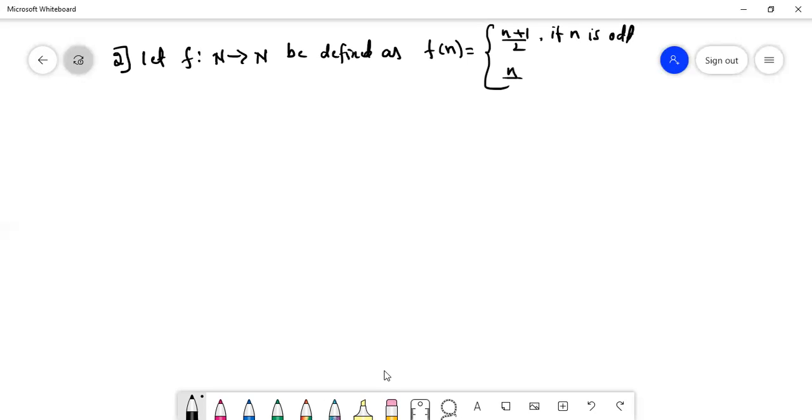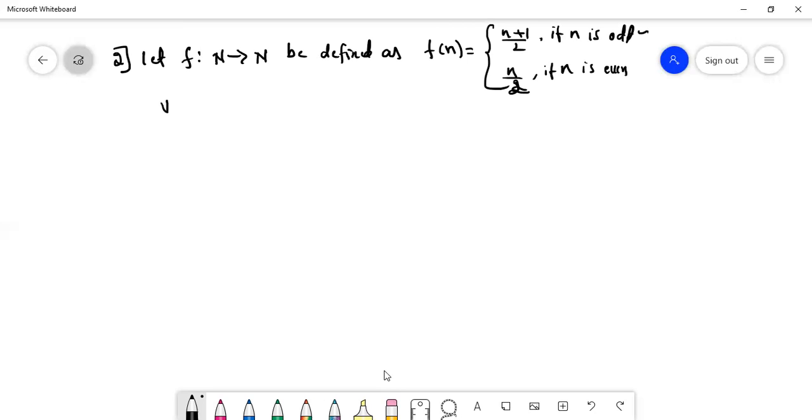It is equal to n by 2 if n is even. f of n is equal to (n plus 1) by 2 if n is odd, and equal to n by 2 if n is even.